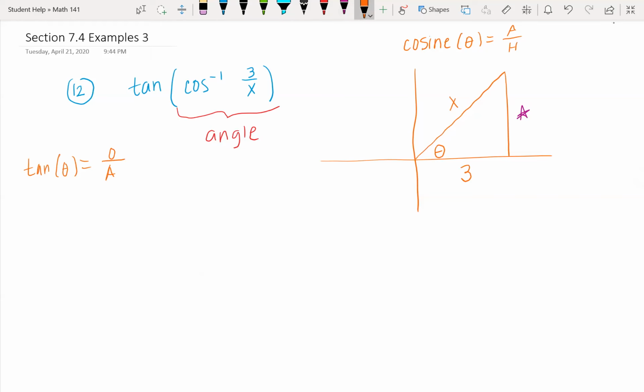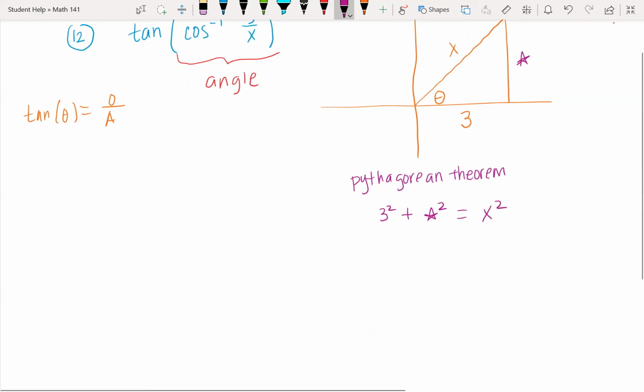So we'll use the Pythagorean theorem. We know that 3 squared plus star squared is equal to x squared. So 9 plus star squared is equal to x squared.